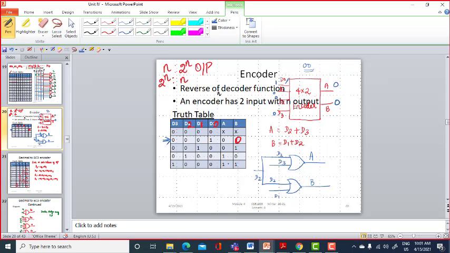Okay, so if I write the logic combinations here, for A and B, A is nothing but D2 and D3, and B is nothing but D1 and D3. I'll just tell you again. A is D2 and D3, and B is D1 and D3.